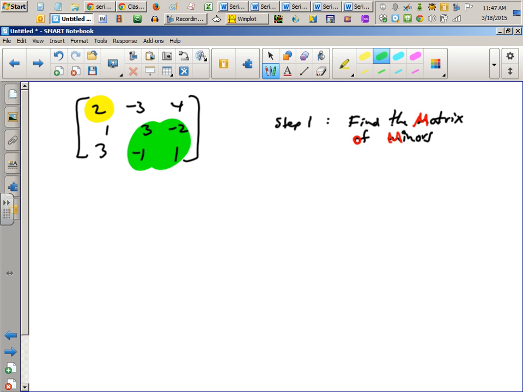It's 1, right? It's 3 and 2 are the products, and you're subtracting, right? The child is 1. Okay? You know what that means? The first of 9 elements in our matrix of minors is 1.